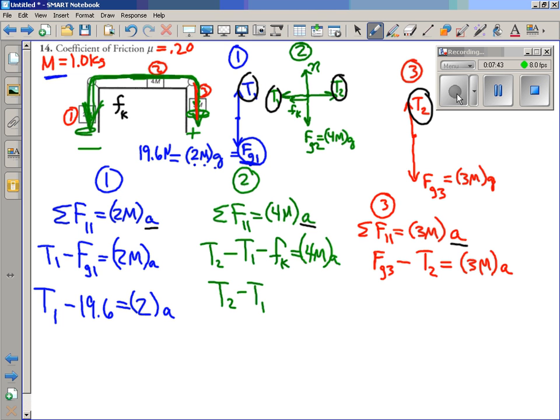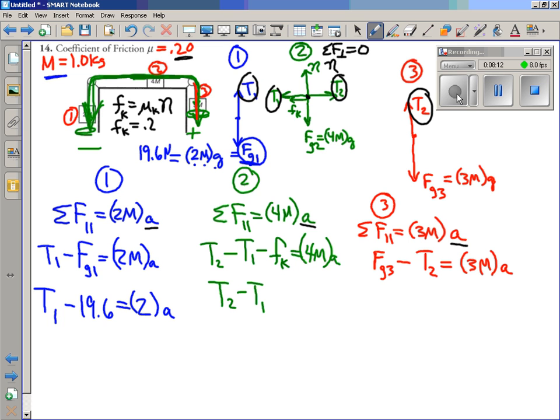Force of kinetic friction equals mu sub k times the normal force. Well, mu sub k equals 0.2. The normal force, if you take a look at the direction perpendicular to motion, so the sum of the forces perpendicular to motion in the y direction, in other words, has to be 0 because this thing is not going to accelerate up or down.